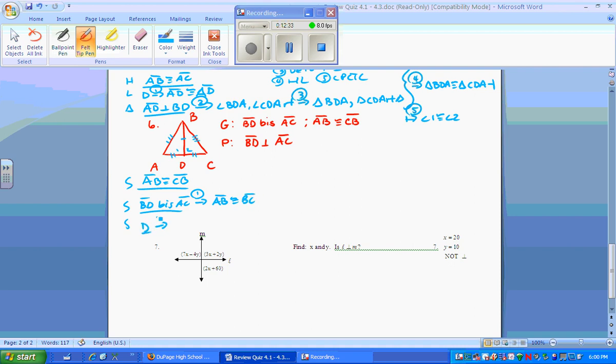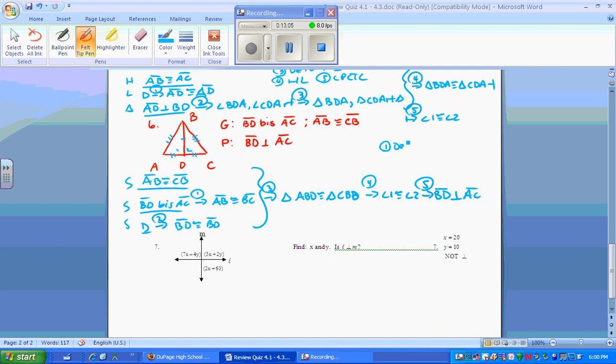And then from the diagram, reason 2, BD is congruent to BD. So we prove triangle ABD congruent to triangle CBD. And once those two triangles are congruent, we can say angle 1 is congruent to angle 2. And we can finish it up by saying BD is perpendicular to AC.